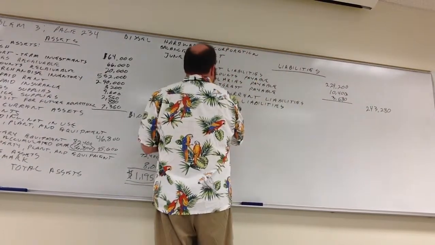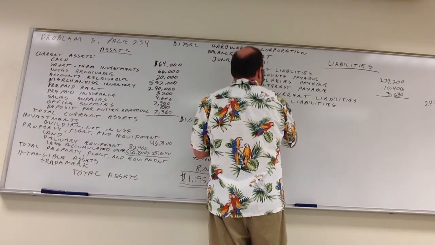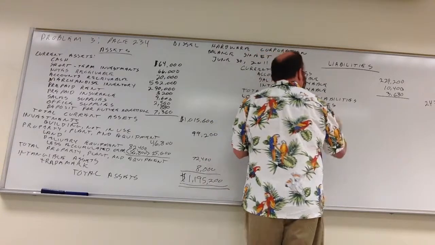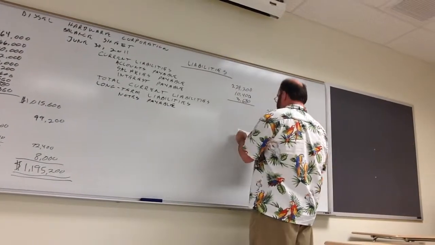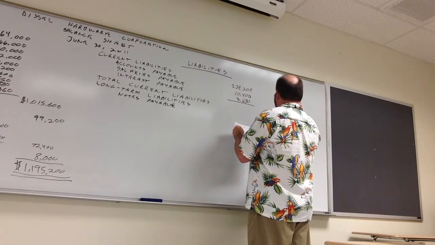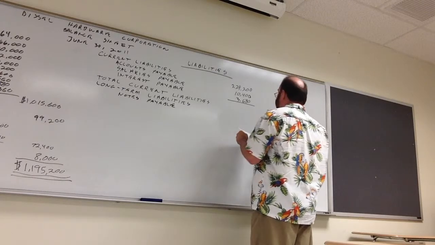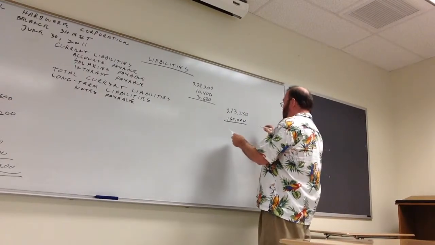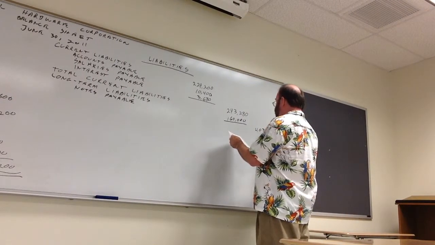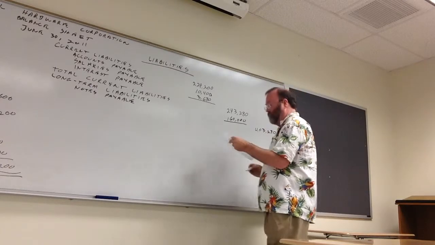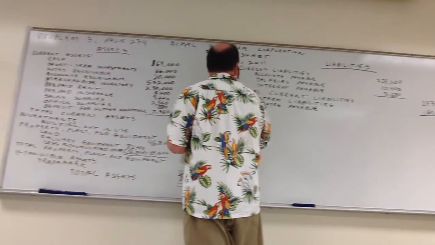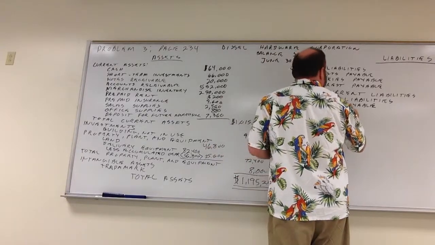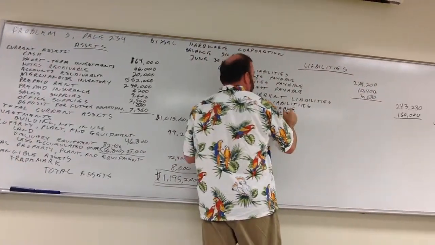And they only have one. They have a notes payable of $160,000. Add the current liabilities to the long-term liabilities, and you get total liabilities of $403,280. Is $160,000 the notes payable? The note payable, yes, sir.